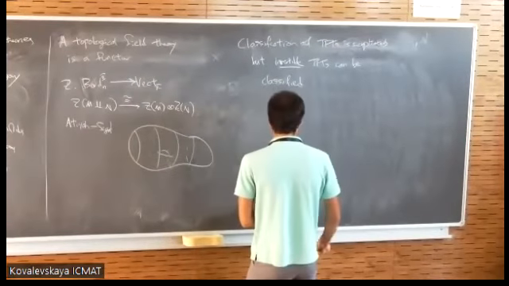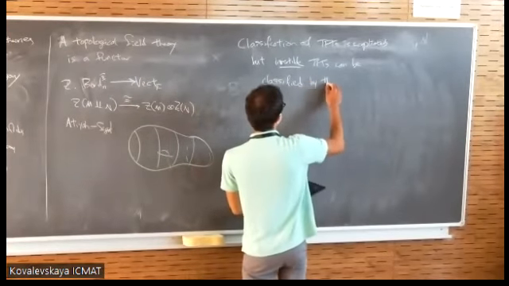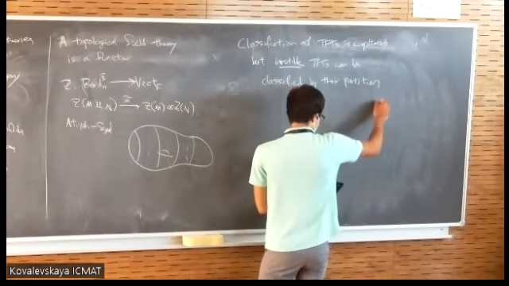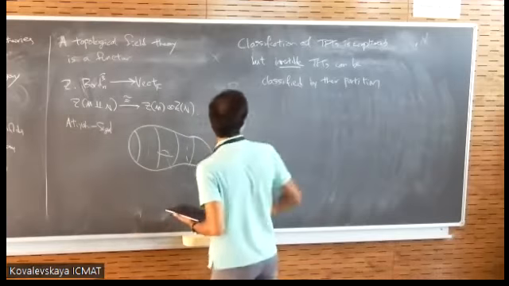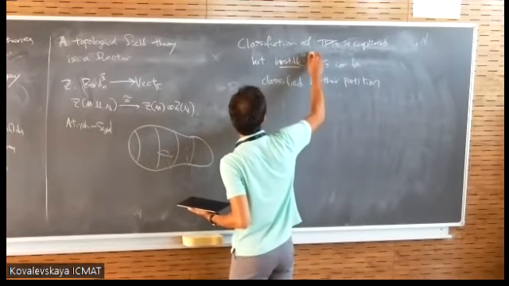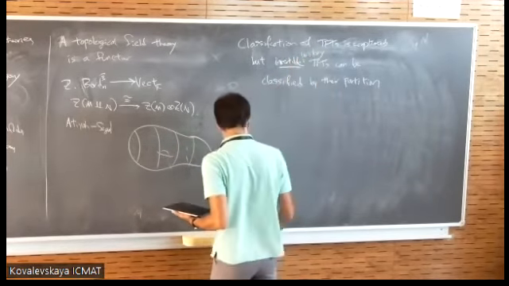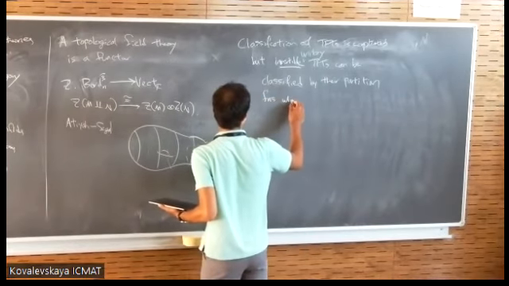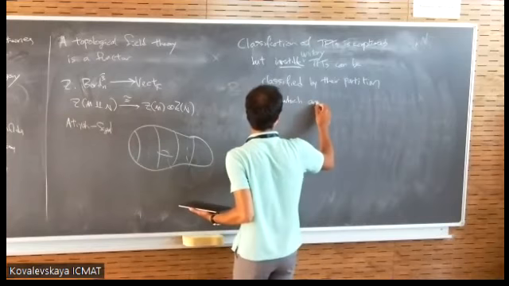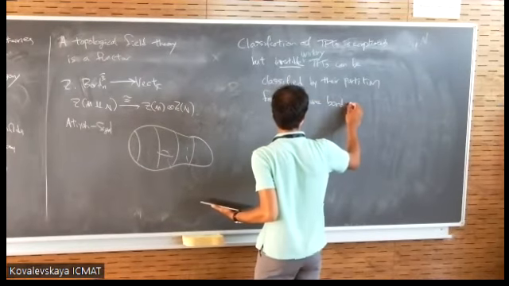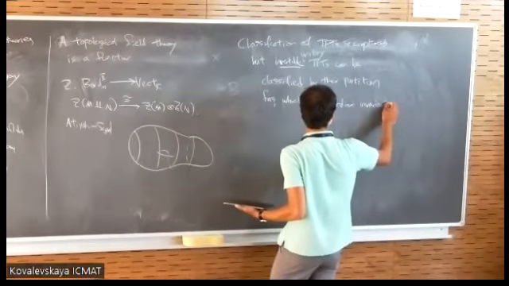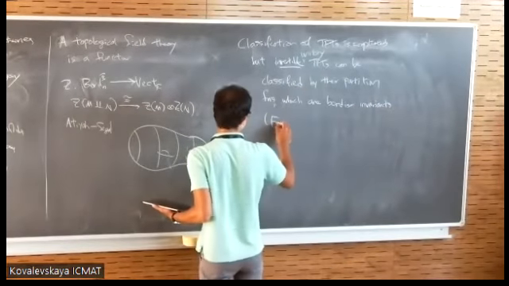Invertible TFTs can be classified by their partition functions. Oh, and I need to add one more word: invertible unitary. They're classified by their partition functions, which are cobordism invariants.